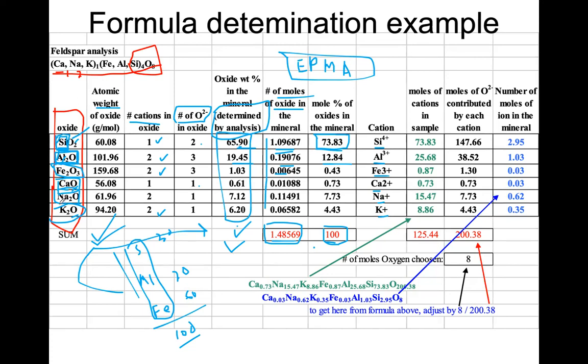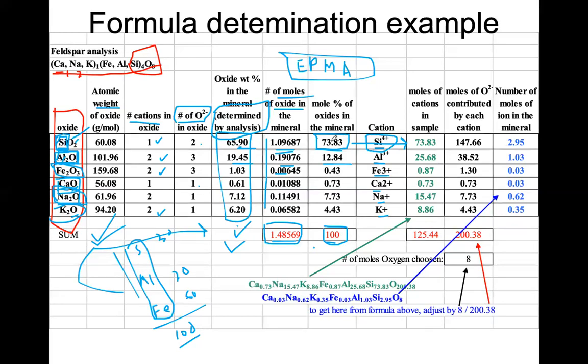Understand? If you have 1 mole of sodium oxide, you should have 2 moles of sodium cations there, right? So likewise, you must take this number of moles of oxides in the mineral and recalculate it to represent its elemental cation moles, right?